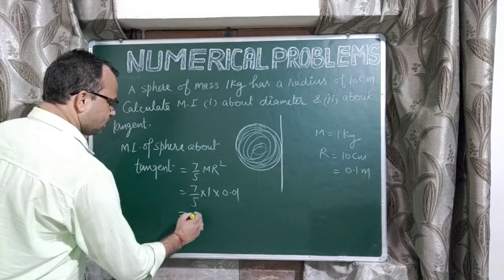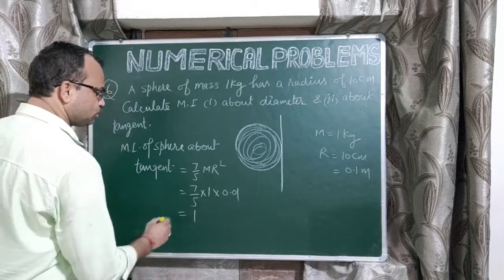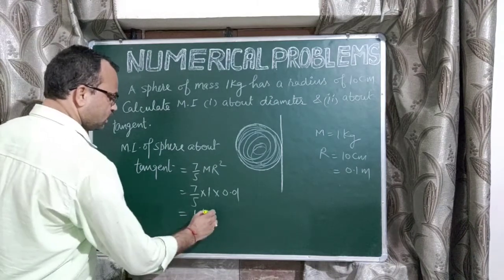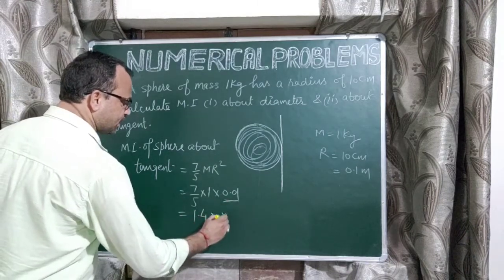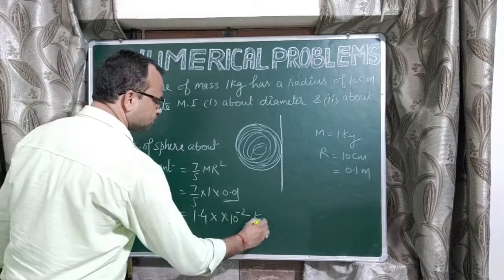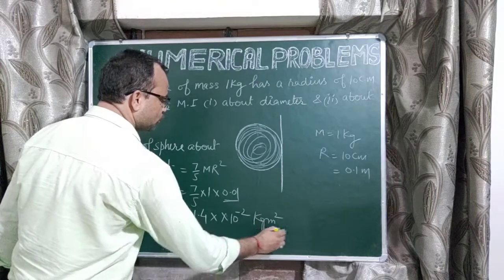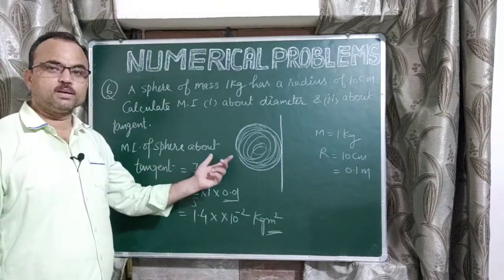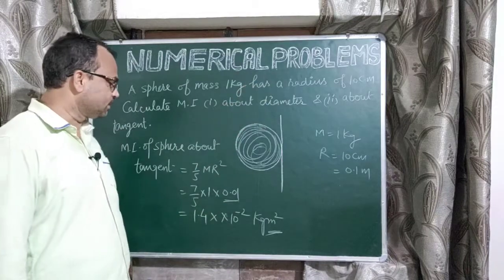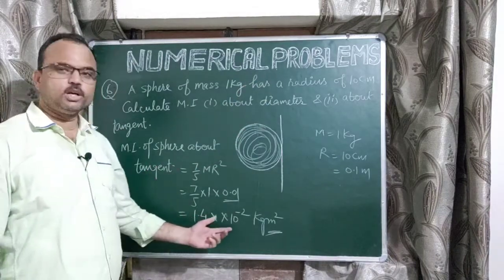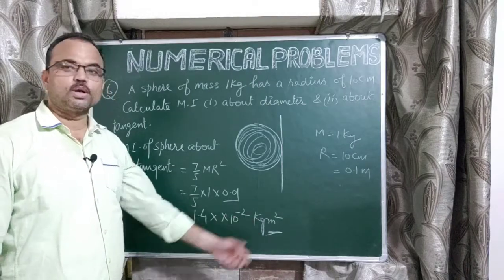So 7 fives are 1.4, which can be written as 1.4 into 10 to the power minus 2 kilogram meter square. So the moment of inertia of a sphere when the axis passes through its tangent will be 1.4 into 10 to the power minus 2 kilogram meter square.